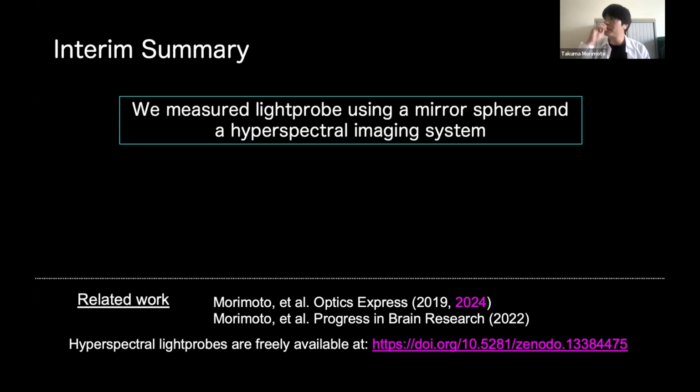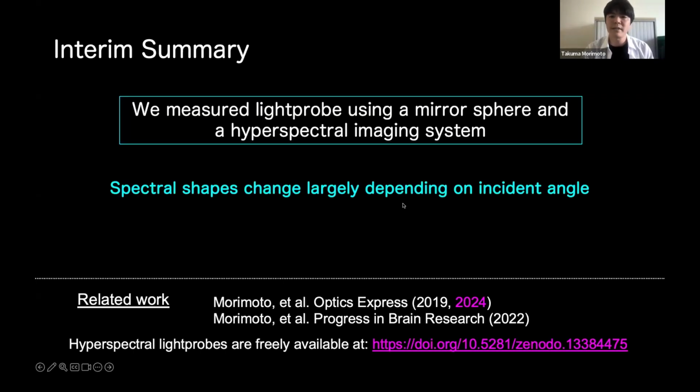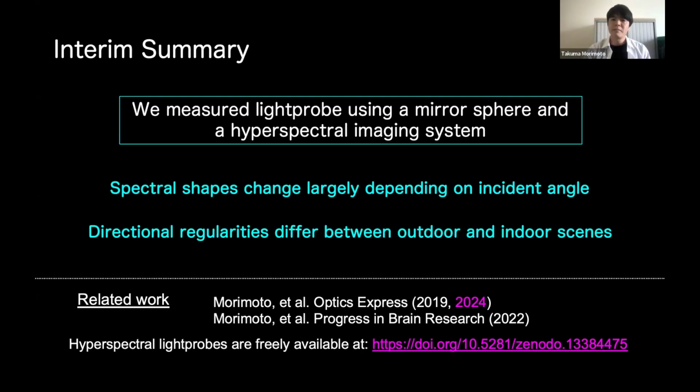You could, for instance, use a fisheye lens, which is presented in different papers, but I'm not going to cover that here. We found that the variation of spectral shape is probably much larger than we previously thought. And there are systematic differences across types of scene, for instance, between outdoor and indoor environments.